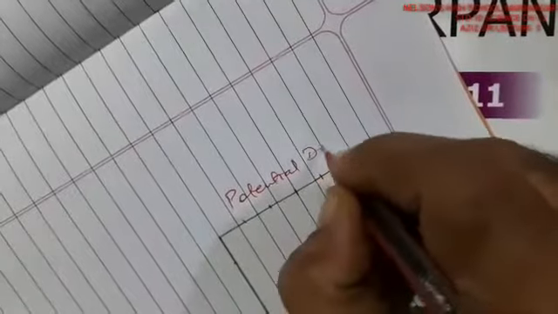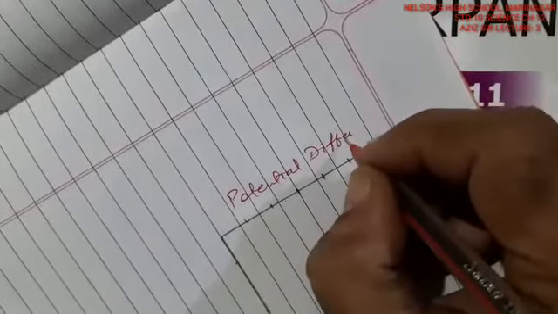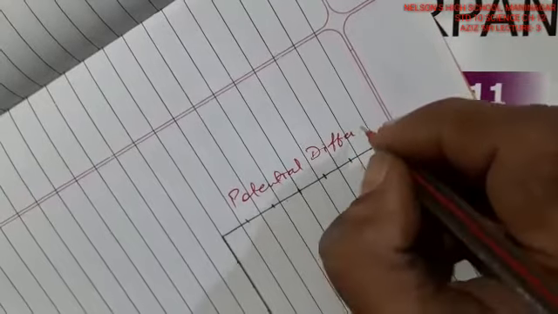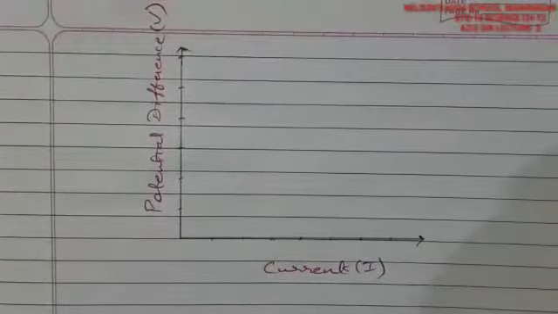So here we are going to write potential difference, voltage, and this is current as I. This is how we need to mention. Now we are going to mention the values here.